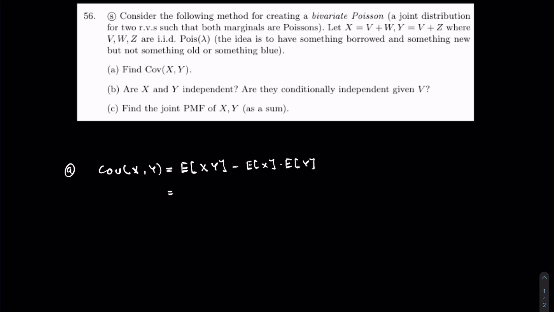So let's do that. There's actually a much easier way to do this, but I just want to show you how to do this by using the definition of the covariance. The other solution would use the properties of covariance to solve for this much faster. All right, so the expectation of, x is v plus w, and y is v plus z.